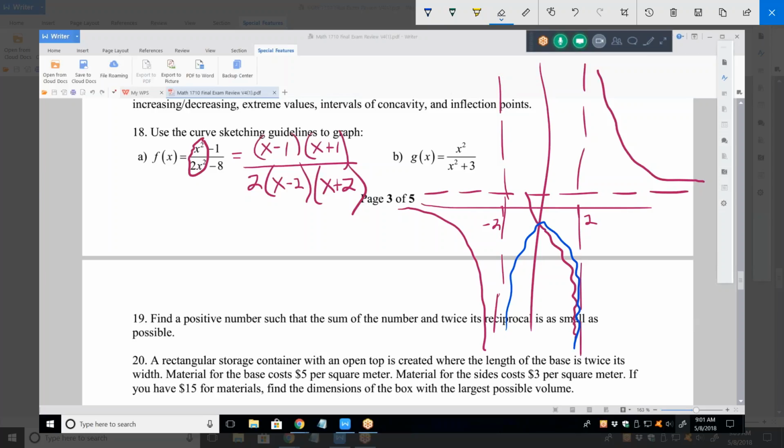In other words, to determine whether it's the red or the blue, it's really going to be based on whether it crosses the x-axis. So if I set this equal to 0, can you solve it? Is there any answer where that is true? If it is, then it crosses the x-axis.